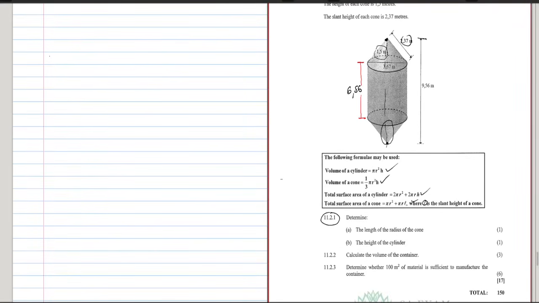Here, 11.2.1 a, the length of the radius of the cone. Since we are given a diameter equal to 3.67 meters, the radius is calculated like this. Take the diameter divided by 2.